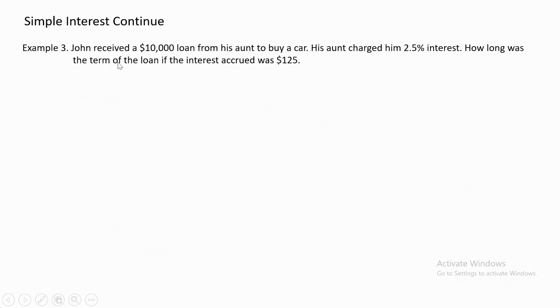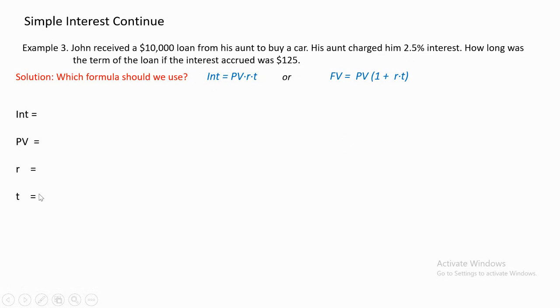We notice that $10,000 is a present value, that's how much John borrowed. And the 125 is the interest accrued, which means how much interest this loan accrued, which means we're going to be using this formula here because the I is 125. And the 10,000 will be your present value, and 2.5% will be your R. Okay? You see, we use this one here.